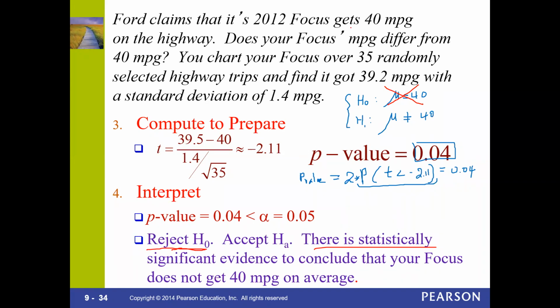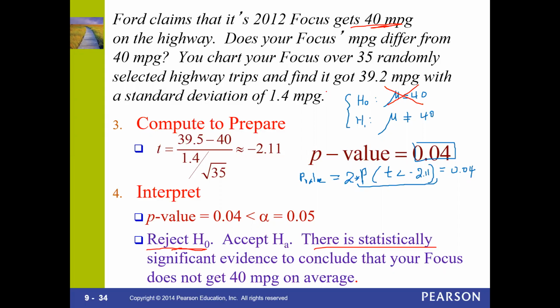So Ford says that it is 40 miles per gallon. I do not have evidence that Ford's claim is true, based on my data. I do have evidence this is not equal to 40.